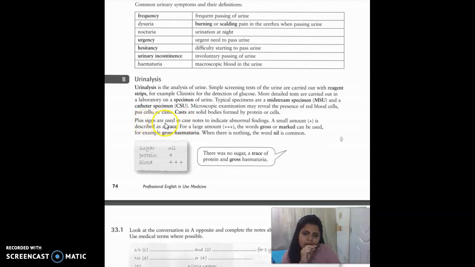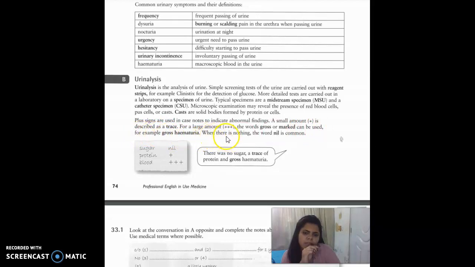Plus signs are used in case notes to indicate abnormal findings. A small amount is described as a trace. For a large amount, the words gross or marked can be used, for example, gross hematuria.